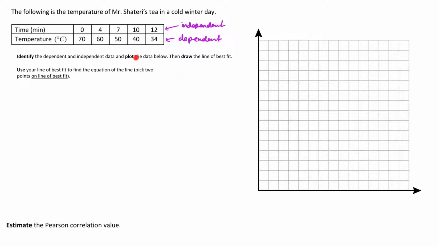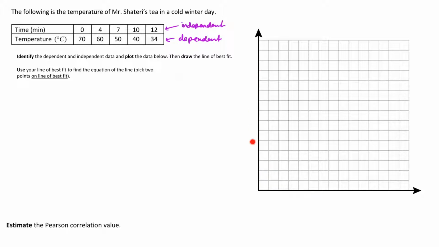So the next thing is to plot the data here. So here we're going to actually have to figure out scaling in the x and y axis, name of the y and x axis, the title, and then start plotting the data. On our y-axis is where the dependent variable goes, and our temperature goes up to 70, and our minimum temperature is 34.